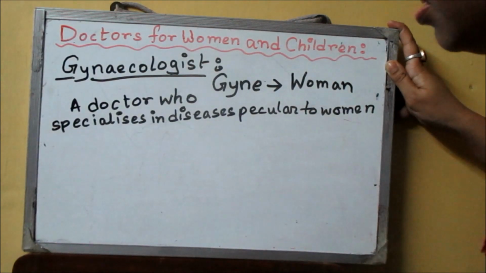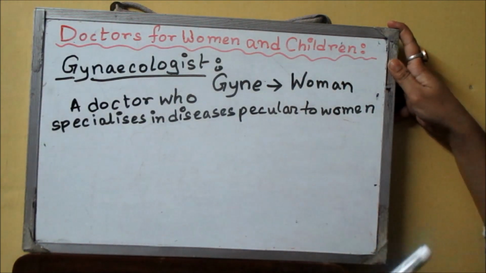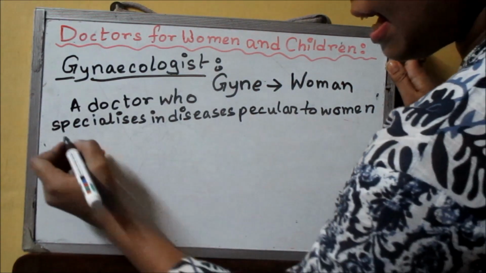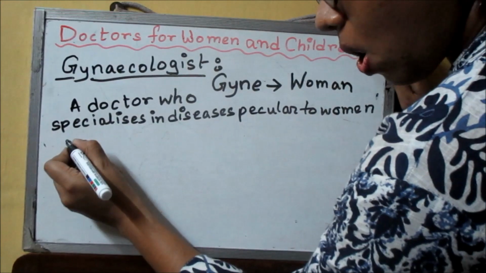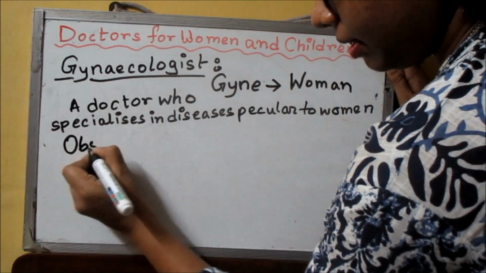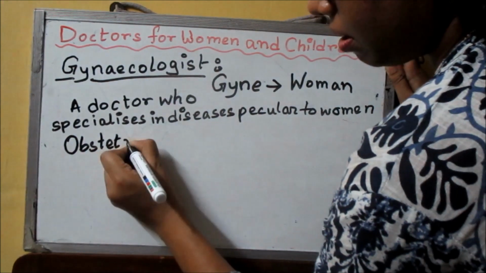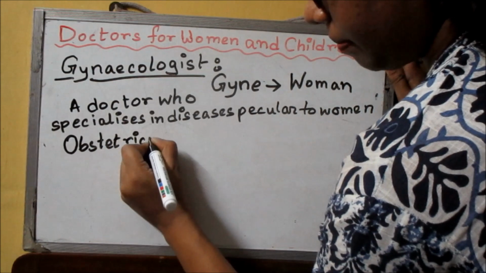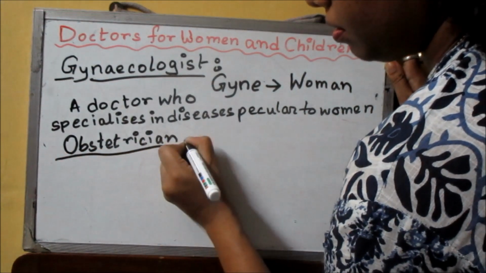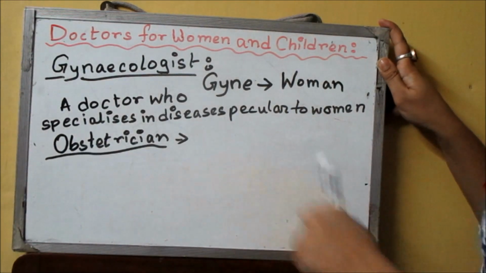So a gynecologist is a doctor who deals with women's diseases. The next thing is an obstetrician.